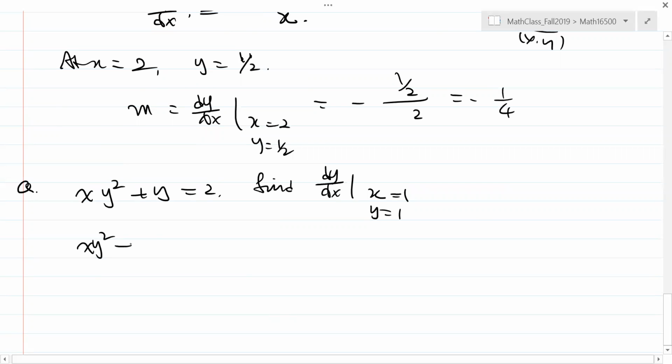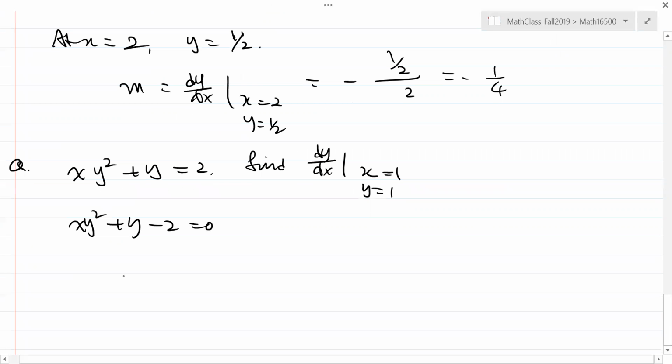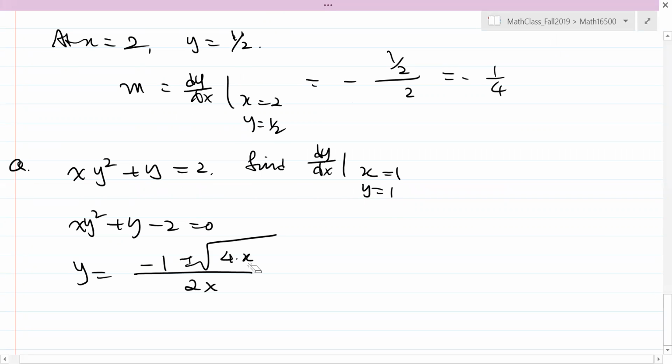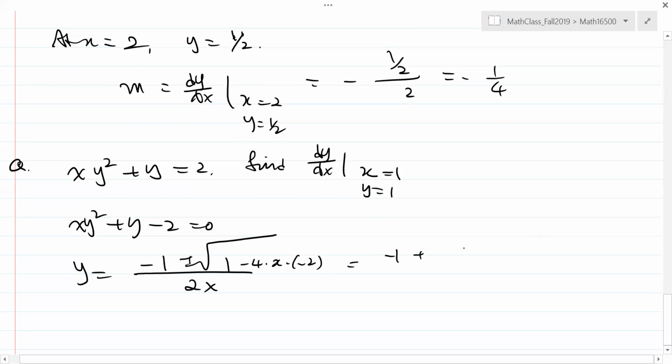The equation is x y squared plus y minus 2 equals 0. It's complicated, right? It's a quadratic formula: y equals minus b plus or minus the square root of b squared minus 4ac, over 2a. So y equals -1 plus or minus the square root of 1 plus 8x, divided by 2x.